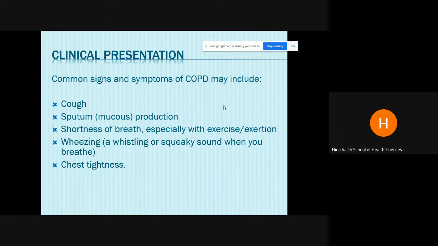But when the patient is exerted, especially with any kind of physical activity or any kind of ADLs or IADLs or any kind of work they are performing, whenever they are getting exerted, there can be shortness of breath. Wheezing can be there, and I have made you hear how wheeze sounds. You will see the wheezes especially when the patient exhales.